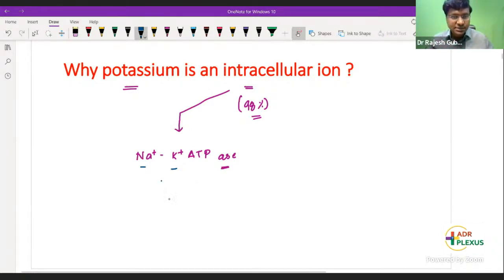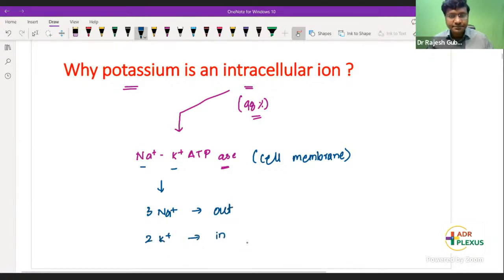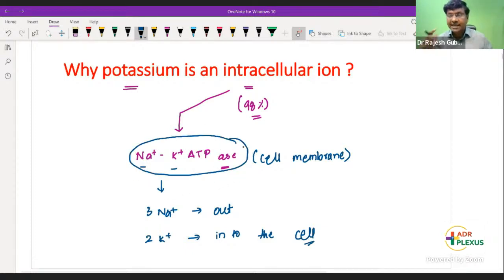This channel present in the cell membrane will send 3 sodiums out and 2 potassiums into the cell. So it is because of the presence of this particular ion complex that the majority of the potassium is intracellular. I hope everyone has understood now.